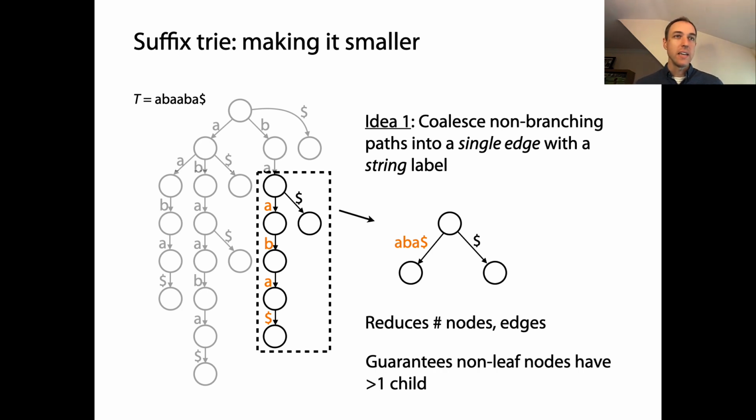It's right there in the nature of the coalescing: nodes that have exactly 1 child are the ones we're getting rid of. And so when the coalescing's done, we're left with leaves and non-leaves that have at least 2 children. They can't have 1.